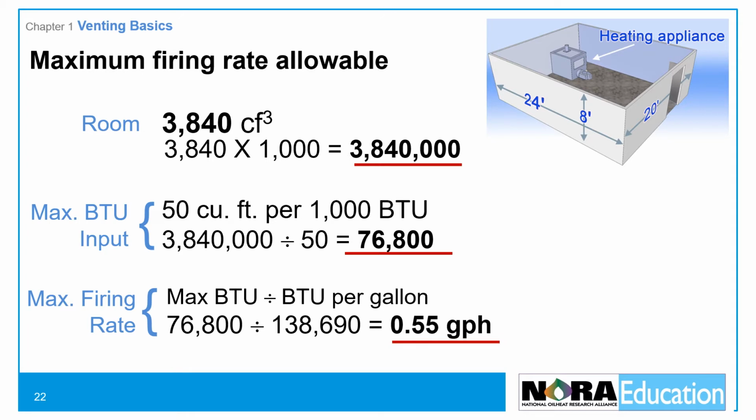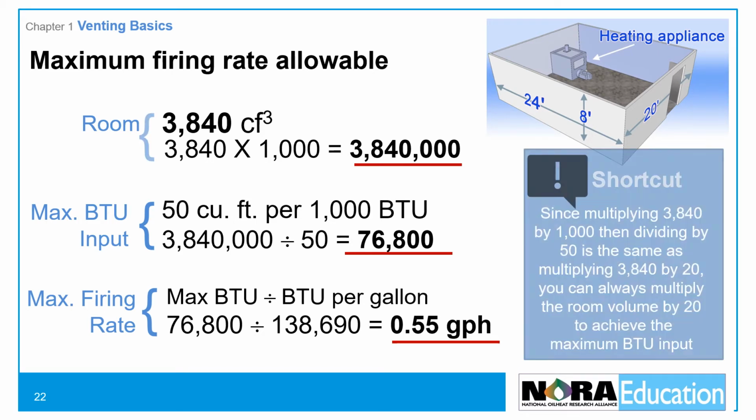So the maximum firing rate for this room is 0.55 gallons per hour. Any unit or units with a higher firing rate requires that additional air be made available. If the appliance or appliances installed in this room have a firing rate greater than 0.55 gallons per hour, this would be considered a confined space.